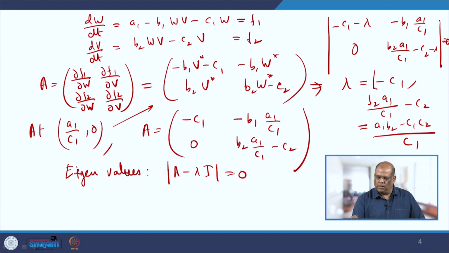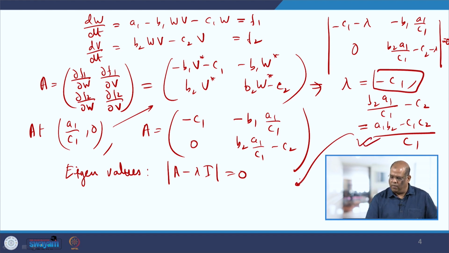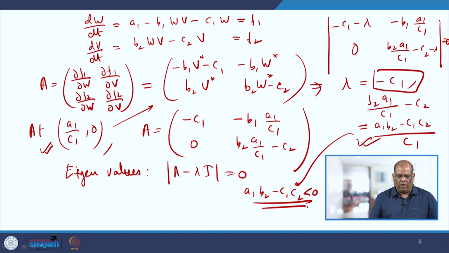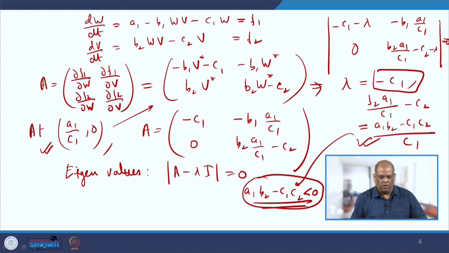So, clearly this is negative, and for this to be negative, A1 B2 minus C1 C2 must be less than 0. So, if you want this equilibrium point A1 by C1 comma 0 to be stable, this particular quantity must be less than 0.